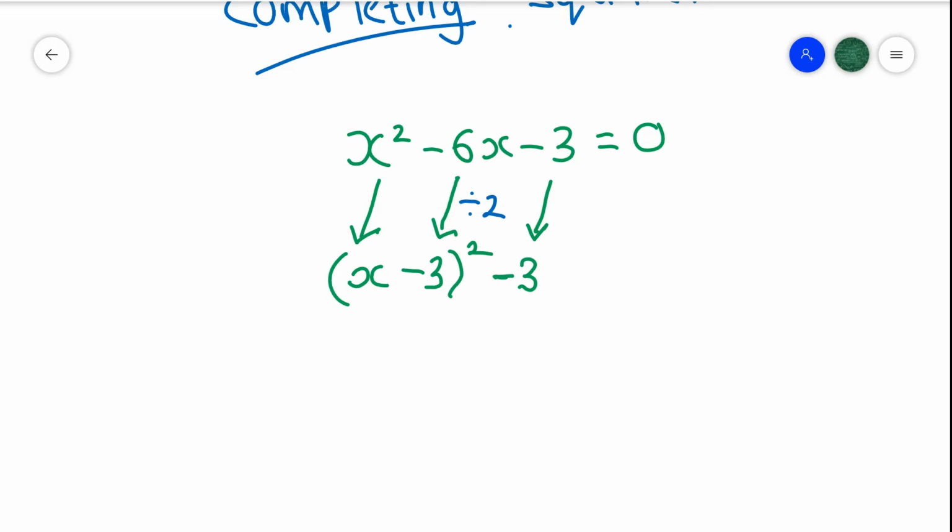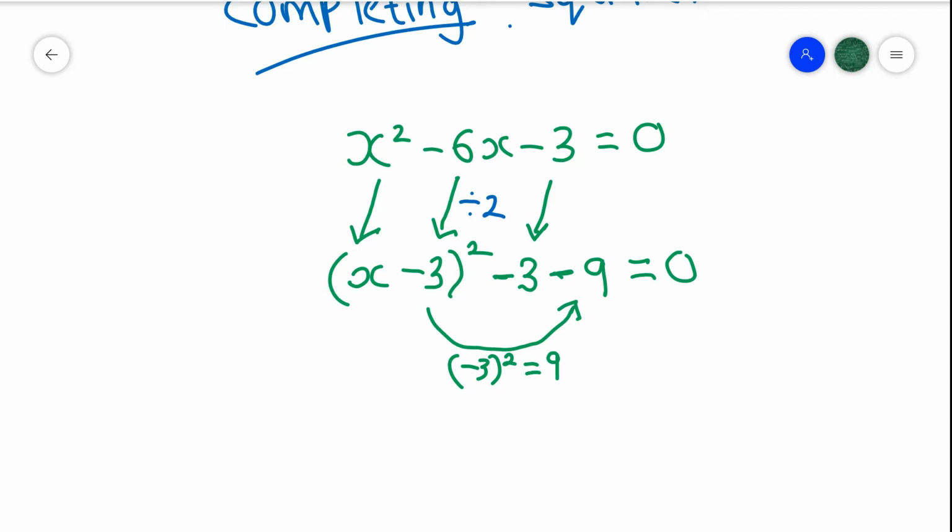Now we have to do one more step, which is to include the square of the term here. That means minus 3, we will square it, and we get 9. So we need to subtract that 9 from the expression. Minus 9 is equal to 0. These are the steps involved in completing the square.